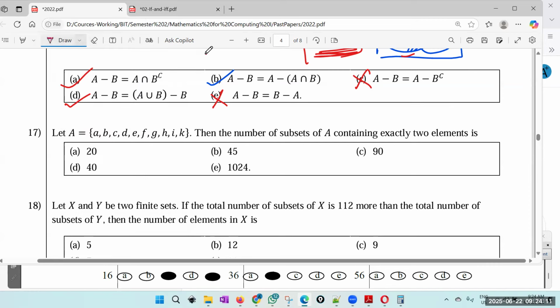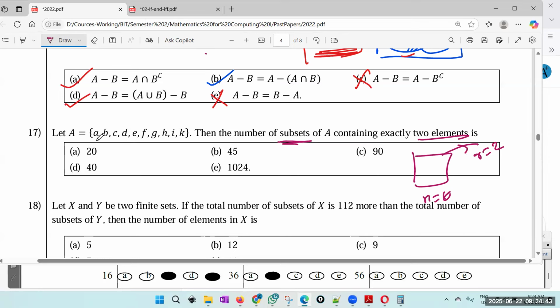So we have 1, 2, 3, 4, 5, 6, 7, 8, 9, 10 elements. So out of 10 elements, how many ways can we take the subsets of A containing exactly two elements? How many ways can we take two elements?